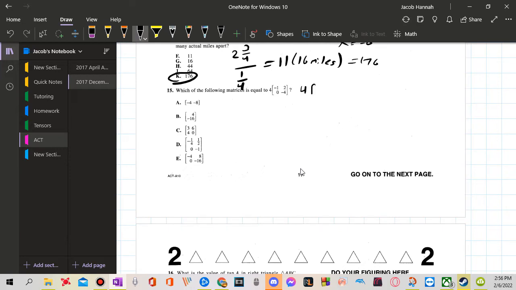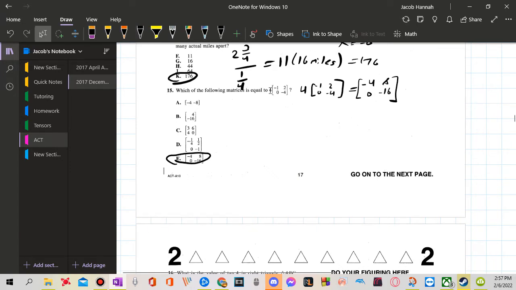So 4 times this matrix of -1, 2, 0, -4 is equal to, so 4 times -1 is -4, 4 times 2 is 8, 4 times 0 is 0, 4 times -4 is -16. So this matches down here, and that's our answer. That's pretty easy. Just take this number and multiply everything inside by it.